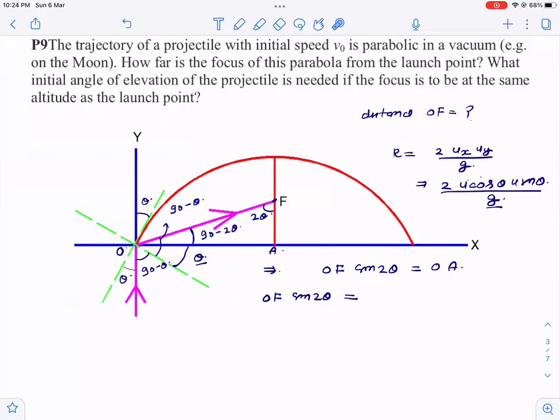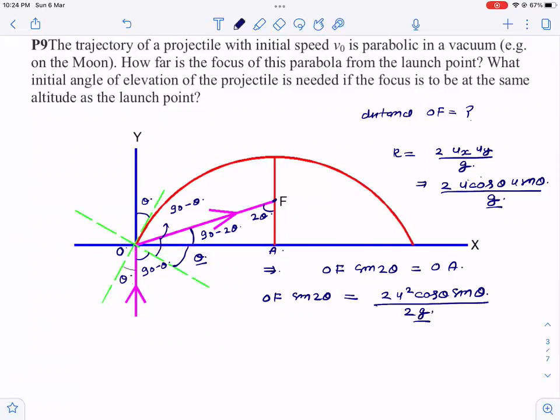So if you write theta or 90 minus theta, they're complementary angles. You know that complementary angles give the same range. So here, what I'm going to use now is this formula of range: 2u square cos theta sine theta divided by 2g, right? Why 2 here? Because this is half of the range.